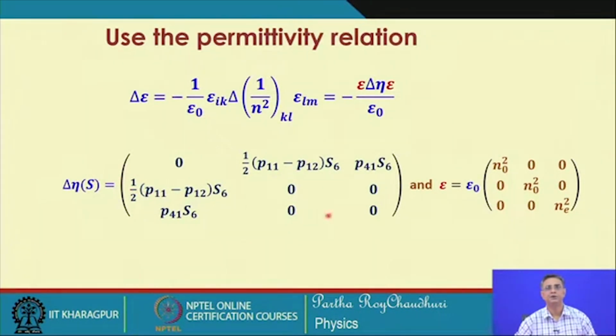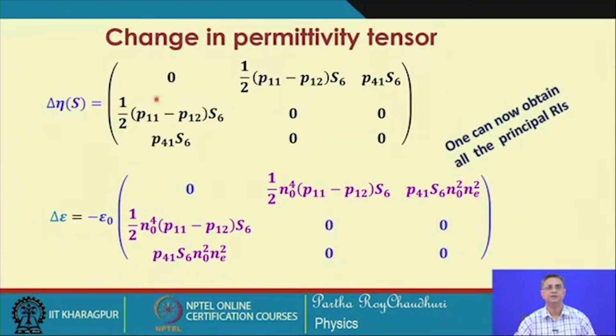From here and here we post-multiply and pre-multiply this equation, and from there we can calculate the change in the permittivity as this. Once we have this, we can diagonalize the matrix, or apply the Euler angle rotation, and calculate the new refractive indices in the principal axis system.